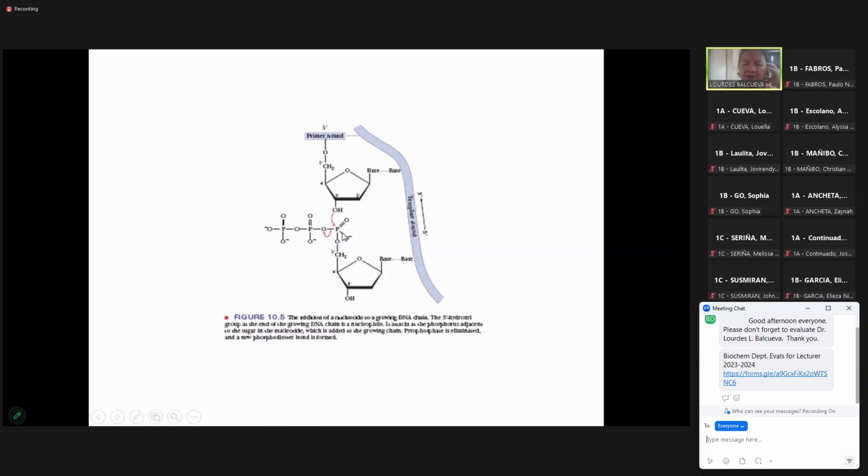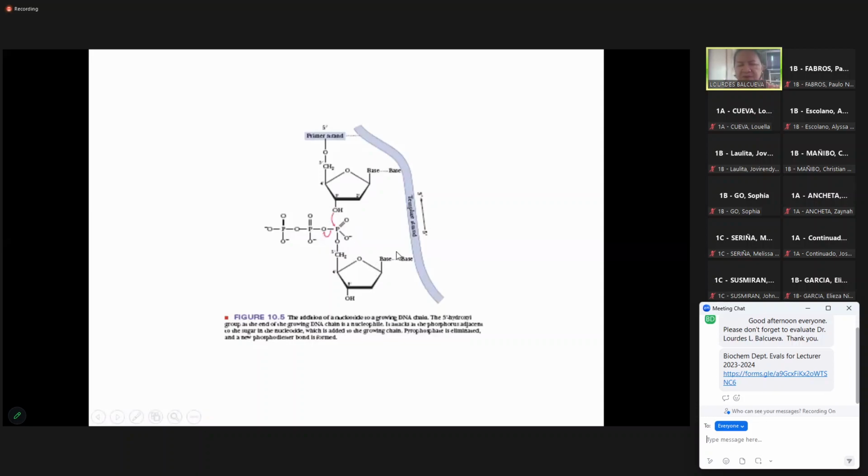And the other helps in the cleavage of the other two phosphates, so it helps in the release of the two phosphates. Okay, so what enters into the chain would be one phosphate, the alpha phosphate.